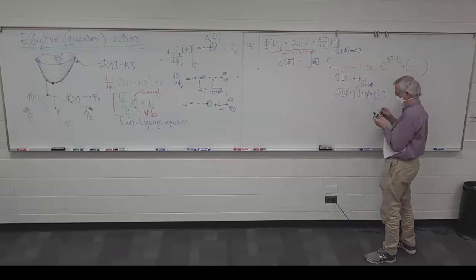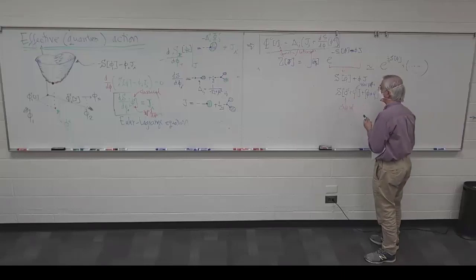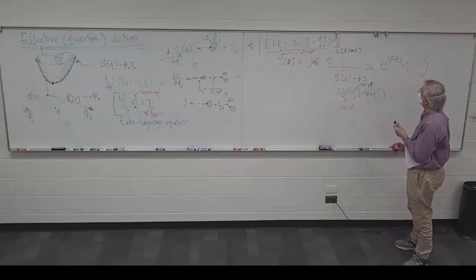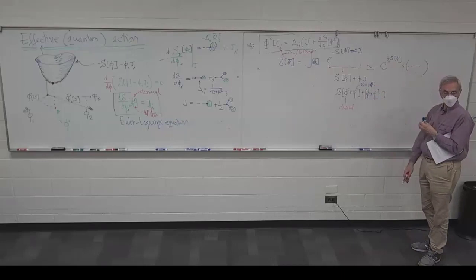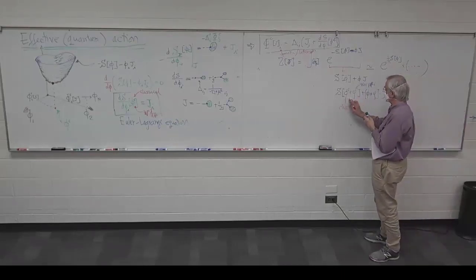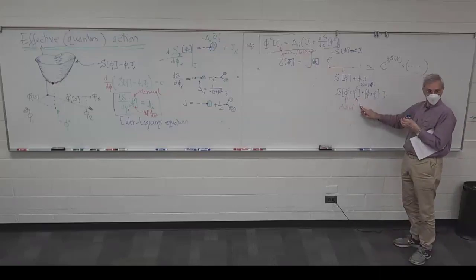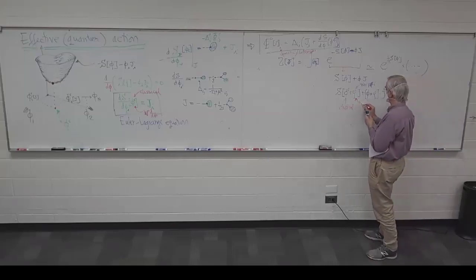So this is just numbers, classical. I obtain it to a given accuracy by iterating my Euler-Lagrange equation. So this is just a number. This is something that I'll have to integrate over in my path integral. So this is a quantum.